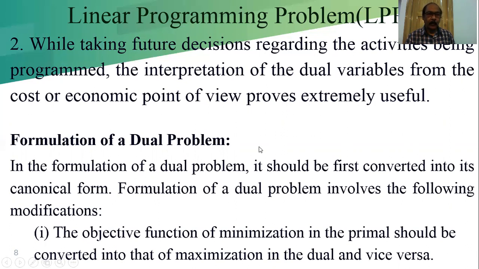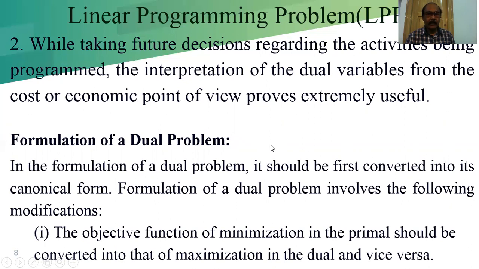Formulation of a dual problem. So what is the step procedure when you are finding the dual from the primal? The step procedure is here. In the formulation of a dual problem, it should first be converted into its canonical form. What is the canonical form?